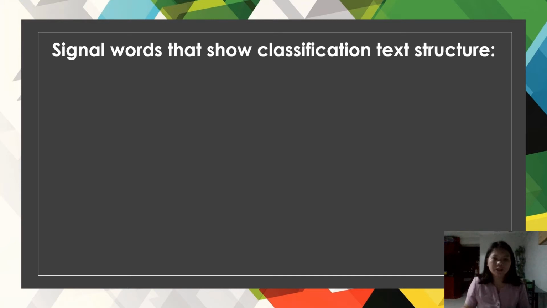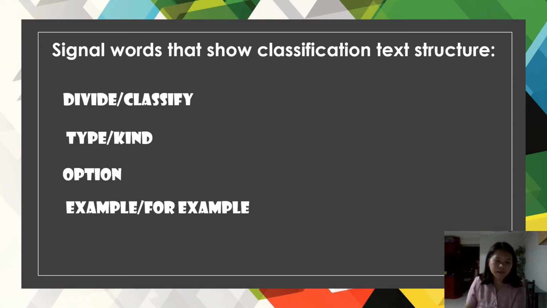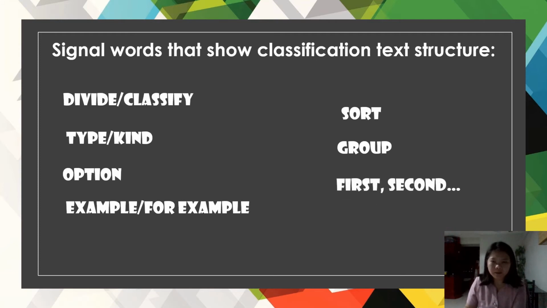So in classification text structure, you are looking for divide or classify, type or kind, option, example or for example, sort, group, first and second, and another. Aside from these, we still have lots of examples of signal words.